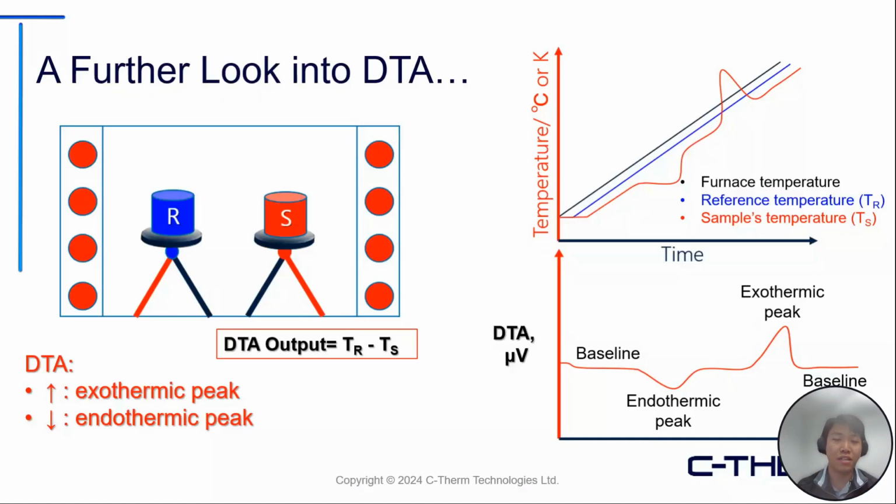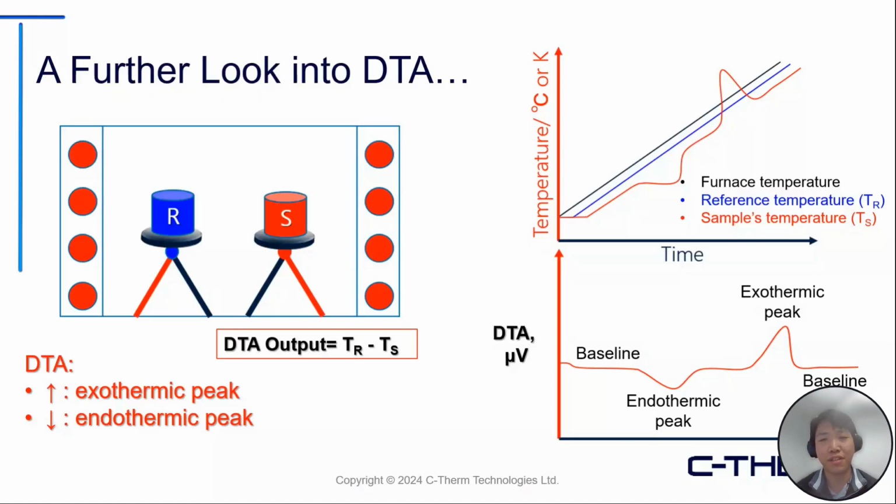So as the furnace temperature increases linearly, the reference temperature would also increase linearly with some thermal lag due to thermal inertia. And because the reference is selected such that it is thermally inert throughout that temperature range, it would increase linearly as the furnace temperature also increases.